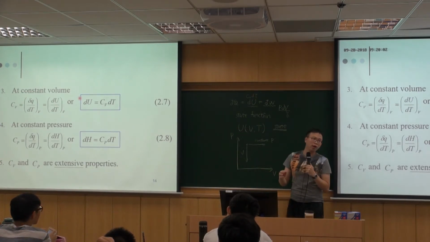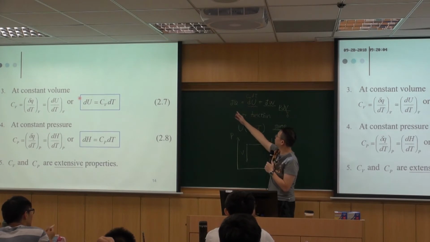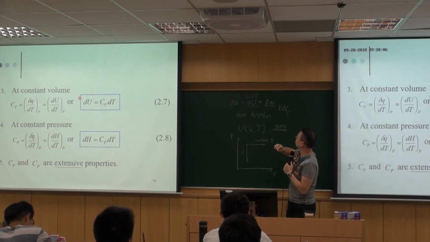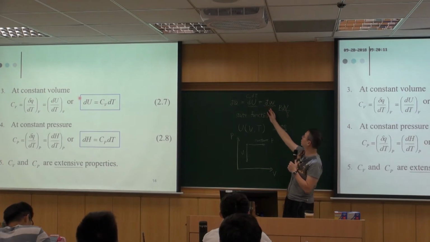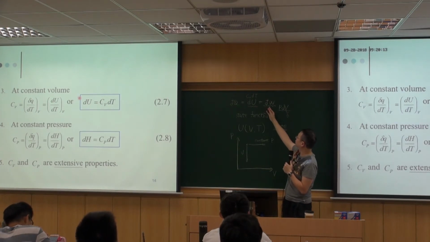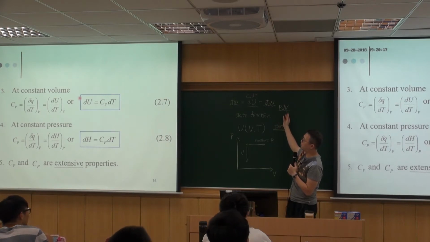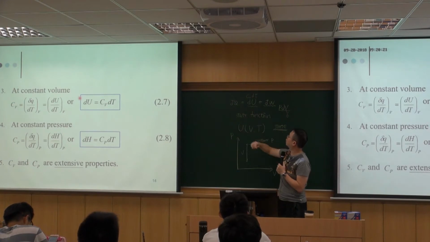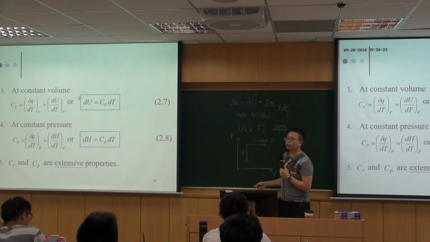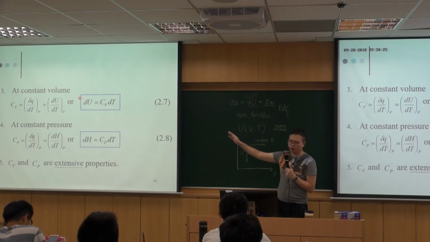Okay, so there are several ways to rewrite the first law. For instance, I already told you that dW, which is the change of work, or the work done by the system, can be written as PdV. We mentioned this last time. And for the internal energy change, you can write it as Cv dT, as stated here.